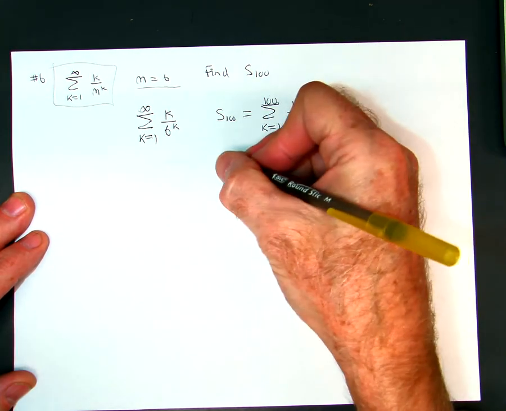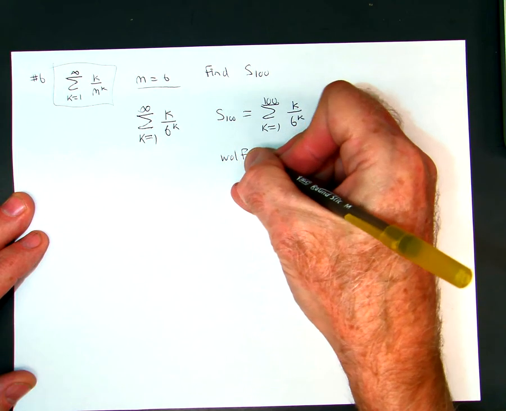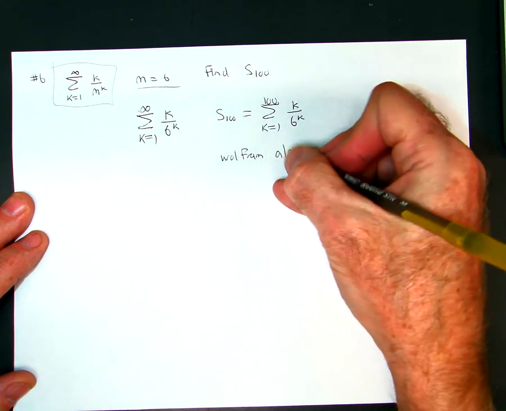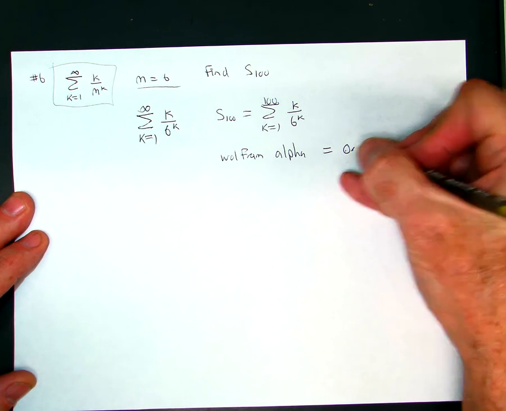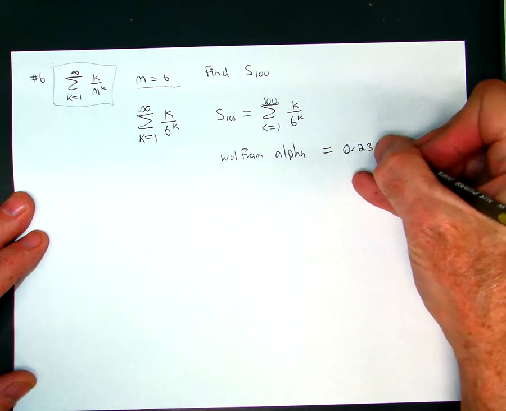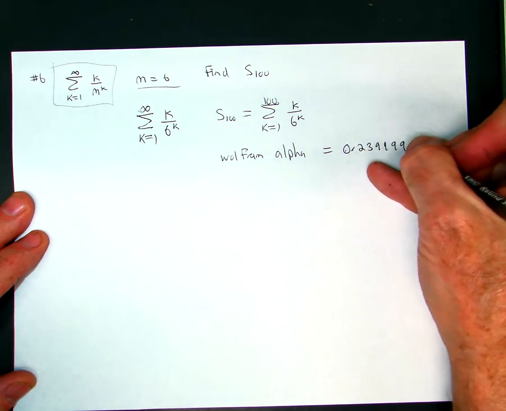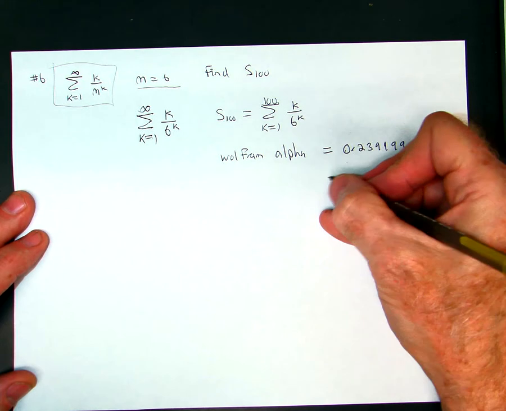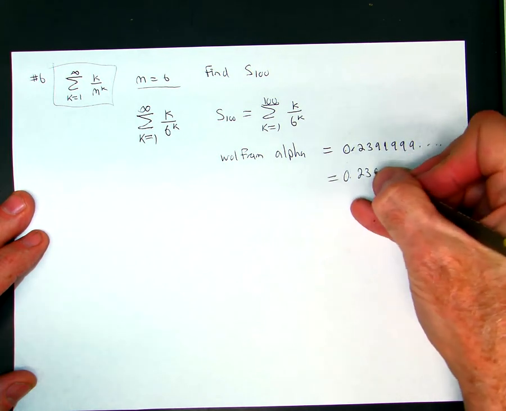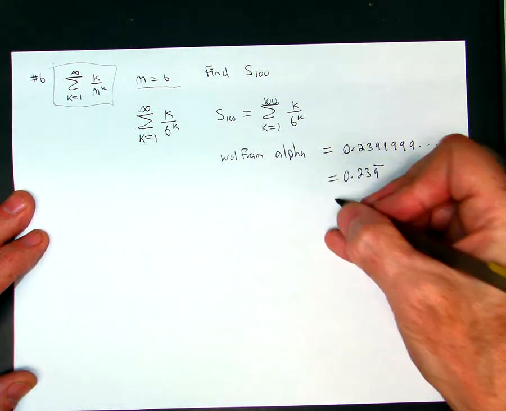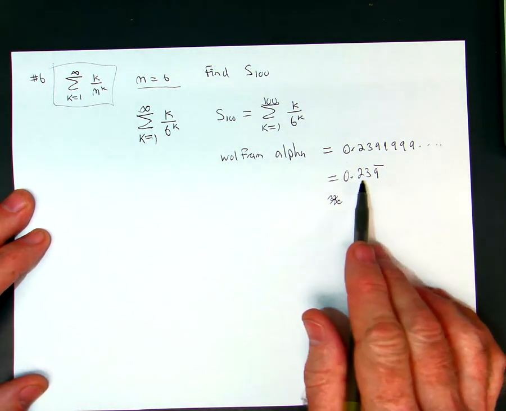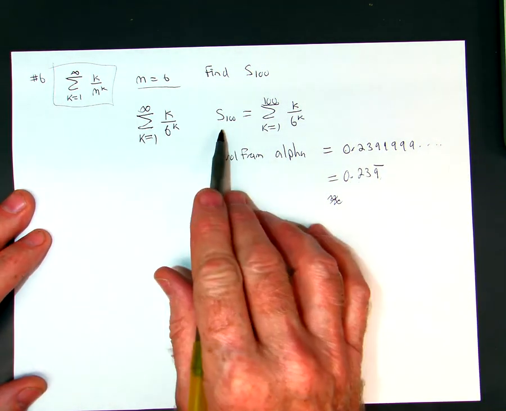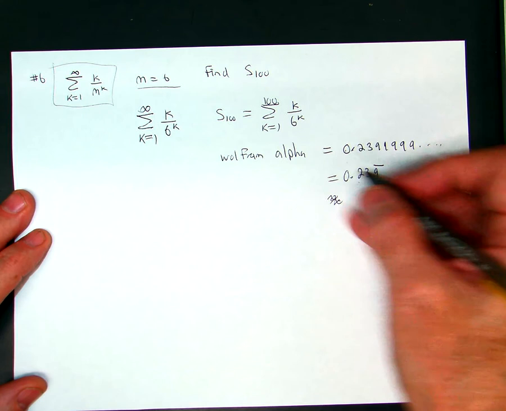And I used Wolfram Alpha. And what I got for an answer was 0.239999, so 0.239 repeating. And that's what I got for S100. Now your job is to use this to guess at what this equals.